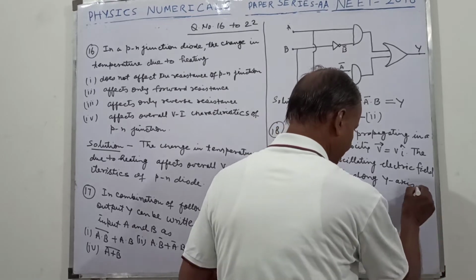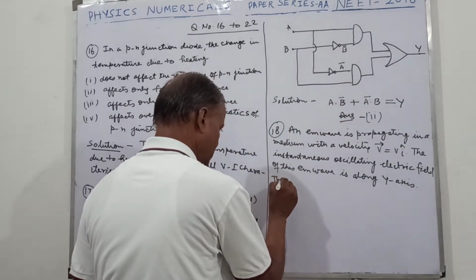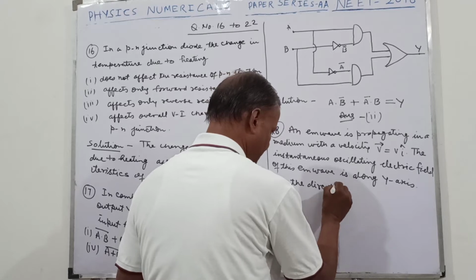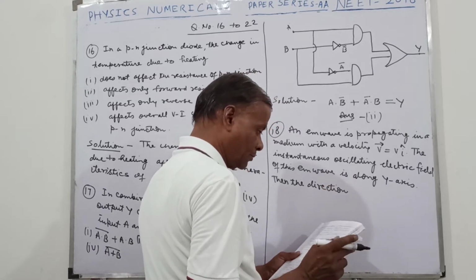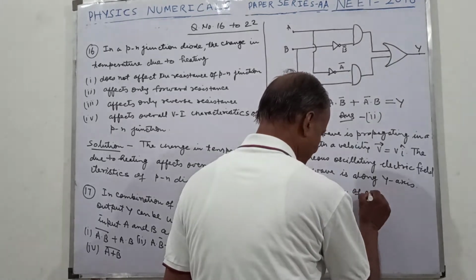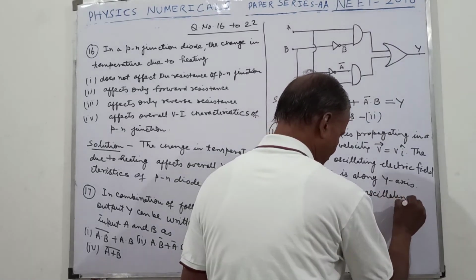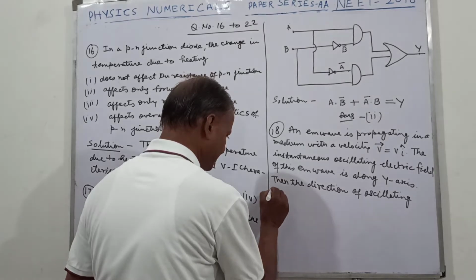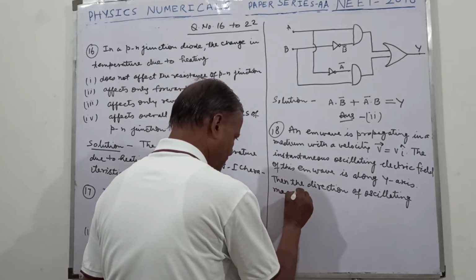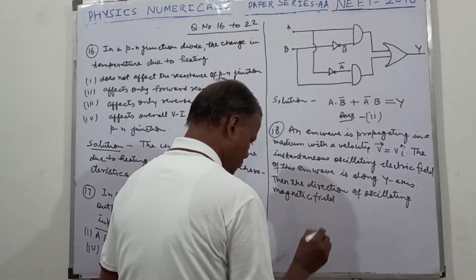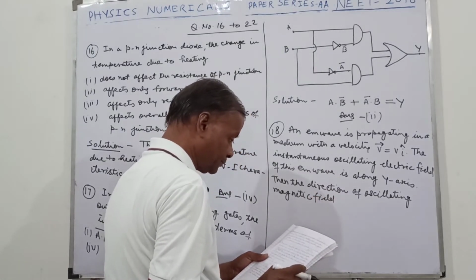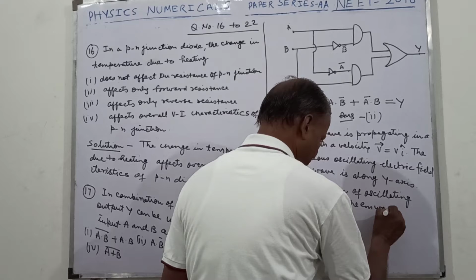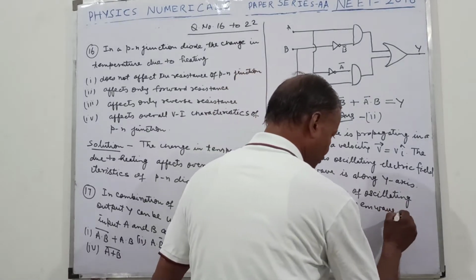Then the direction of the oscillating magnetic field of the EM wave will be along.